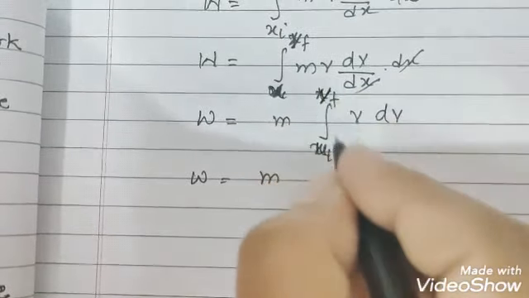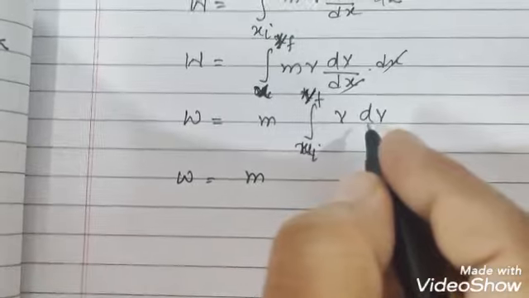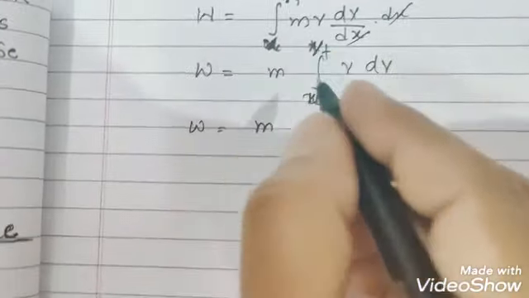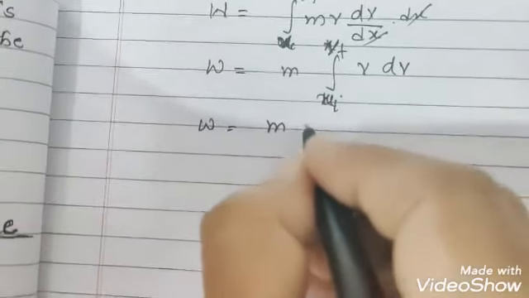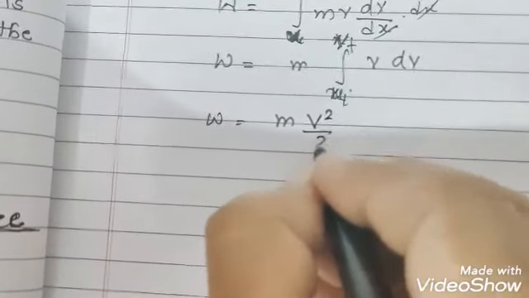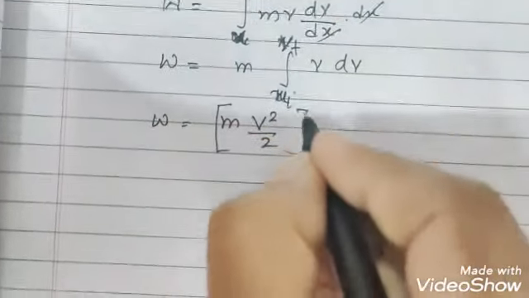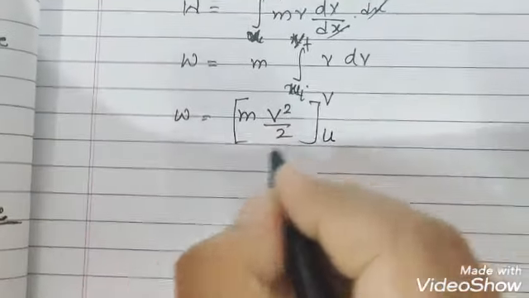That means we are integrating with respect to dv, so obviously we'll integrate it from u to v. The integration of v is v square upon 2. Now we'll just apply the upper limit and lower limit. You will see the upper limit is v and the lower limit is u.